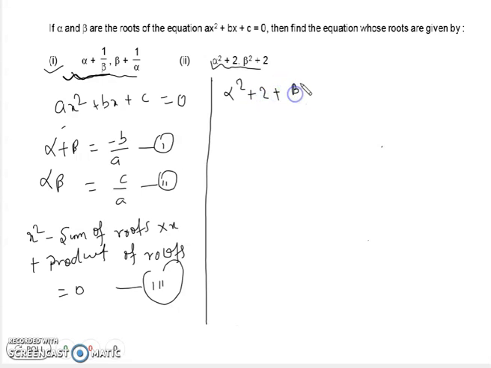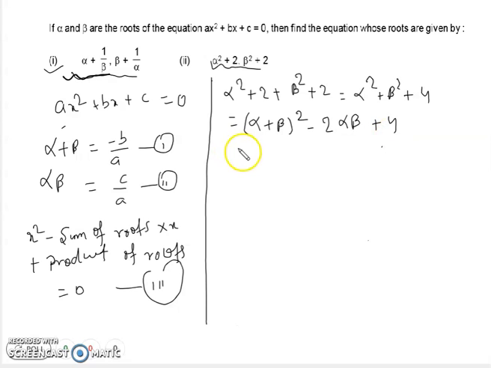So we can write here alpha square plus 2 plus beta square plus 2, right? And alpha square plus beta square we can write, and plus 4, right, guys? And we know that alpha square plus beta square equal to alpha plus beta whole square minus 2 alpha beta plus 4, right, guys?